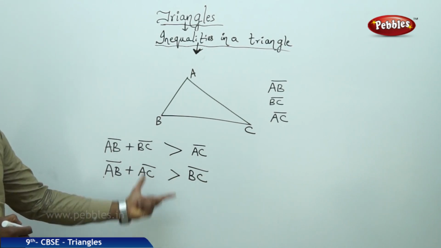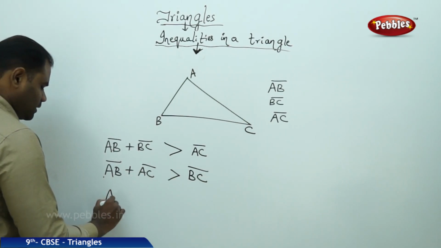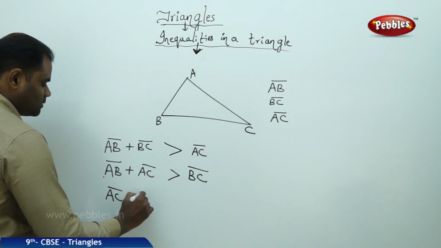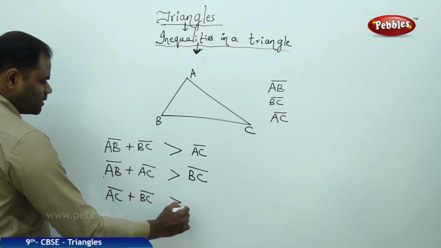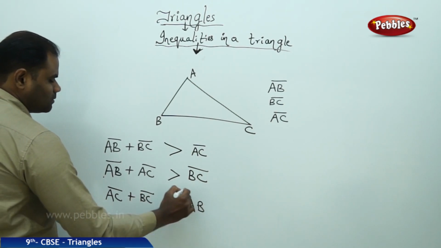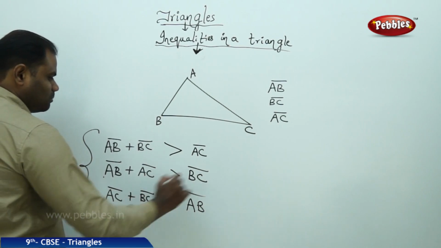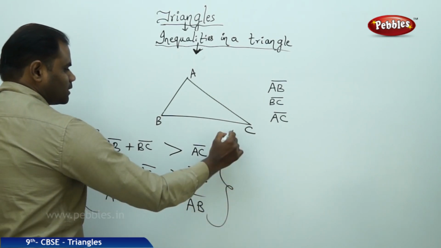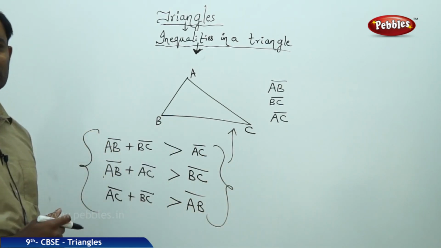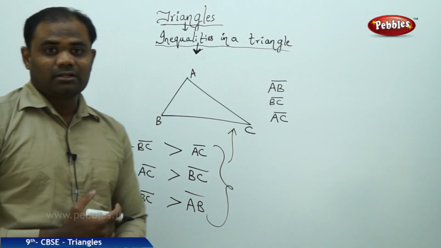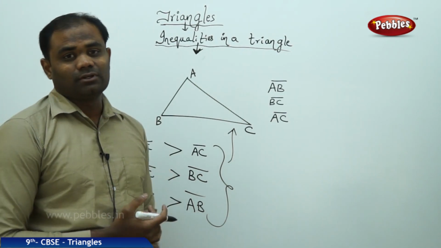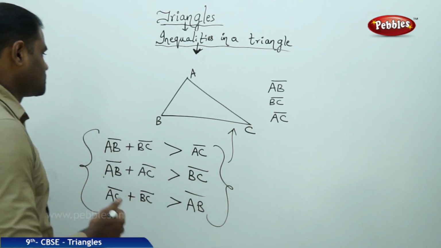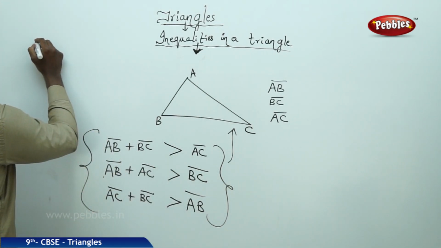Next, if I take the two sides BC and AC, AC plus BC must be greater than AB. This is how we understand the sides connected with inequality. So this is called triangle inequality.